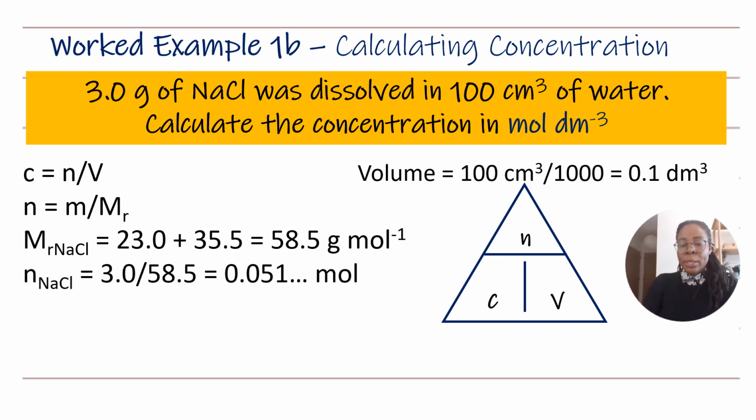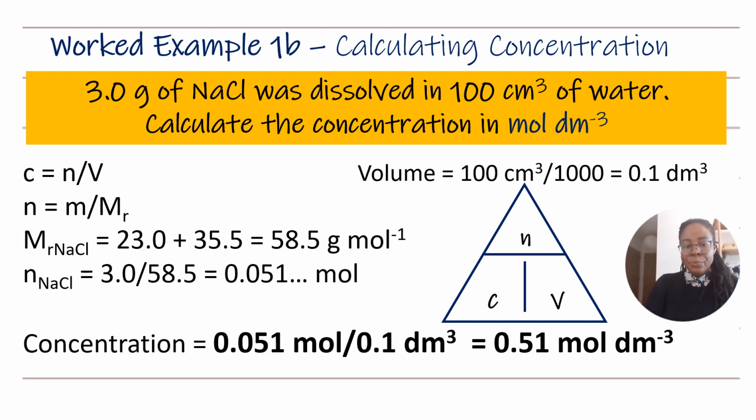And that gives us 0.051 moles. There are lots of numbers after that I'm going to keep in my calculator, but just write down the first couple here. So concentration, moles over volume, 0.051 divided by 0.1, which gives us 0.51 moles per decimeter cubed.